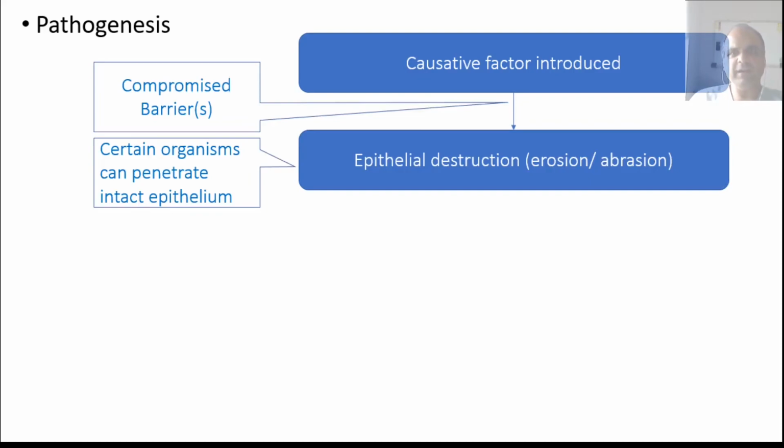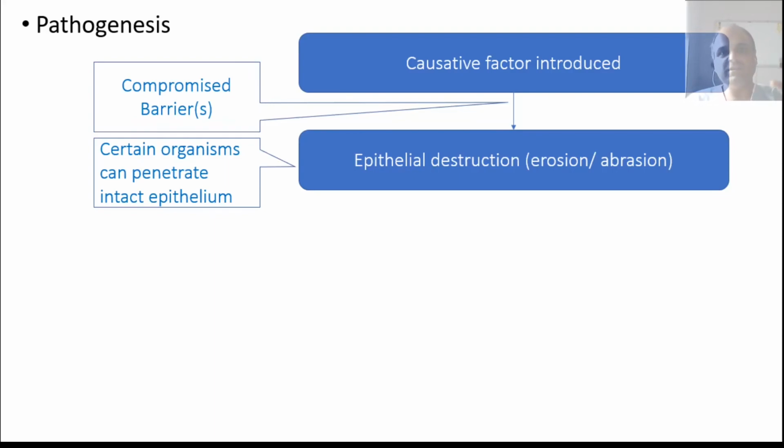And once you have that, you need a certain compromise in the barriers that we talked about, unless you have an organism that can go through an intact barrier. But even if the organism can pass through an intact barrier, it must be able to establish itself somewhere nearby, as we talked about in the case of Neisseria gonorrhea causing a hyperacute bacterial conjunctivitis.